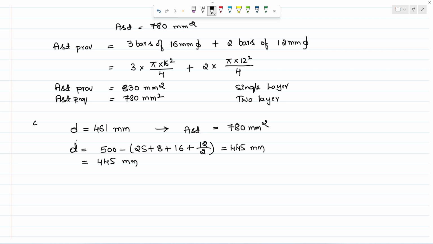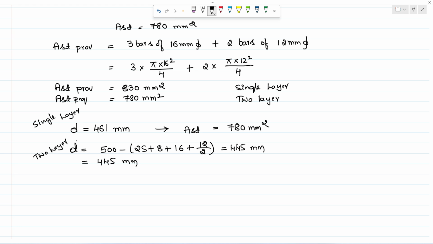So this is when we are using single layer. So this is when we use two layers of reinforcement. So effective depth gets decreased to 445. Initially it was 461. It gets decreased to 445.